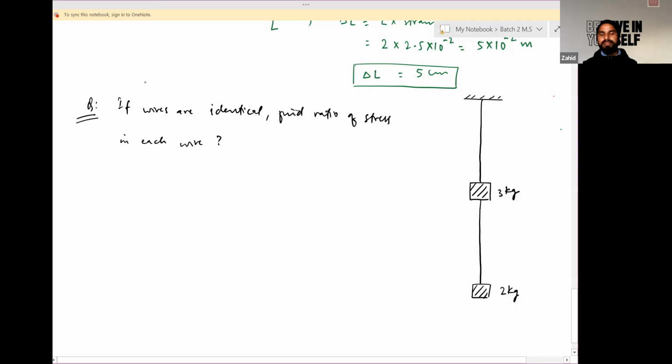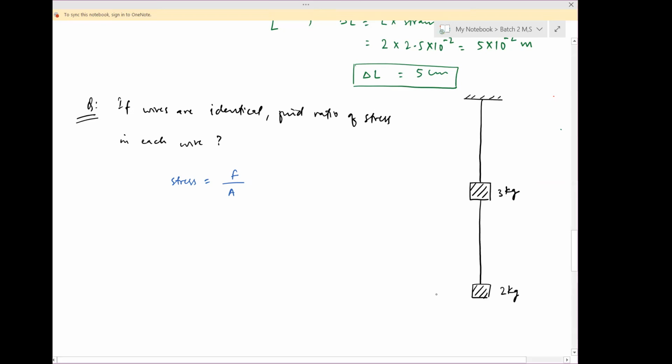Mariam, just tell me how to approach this problem. First, we have to calculate stress, so we need two different terms. First is the amount of deforming force, and second is area of cross section. In this particular system, which is responsible for applying deforming force?